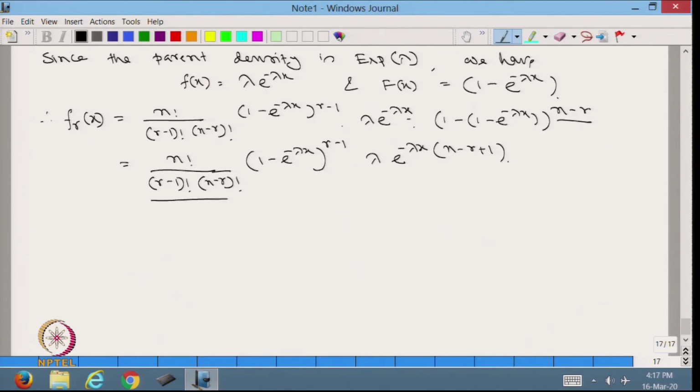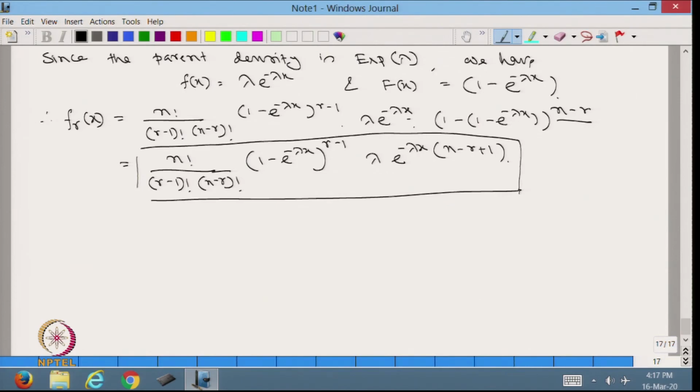So, that is the PDF of the rth order statistic.